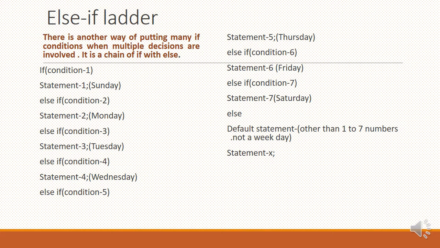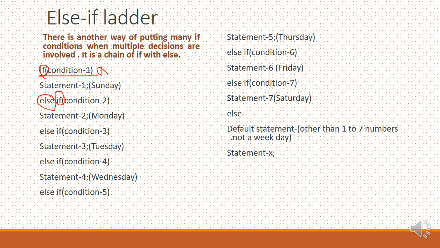So what is the first one? First you have to write the if and the condition 1. Remember that if is a keyword. Else is also a keyword, if is also a keyword. Remember that whenever you are using if and the condition, there is no semicolon here.